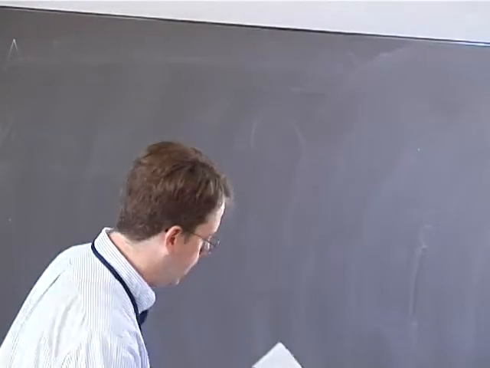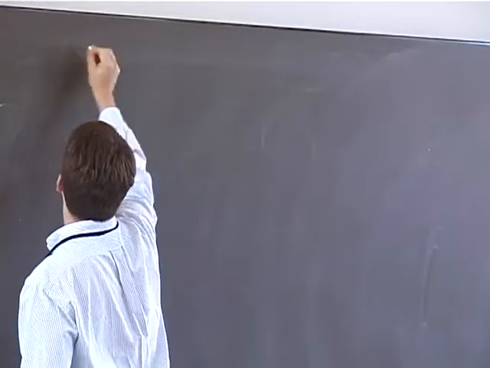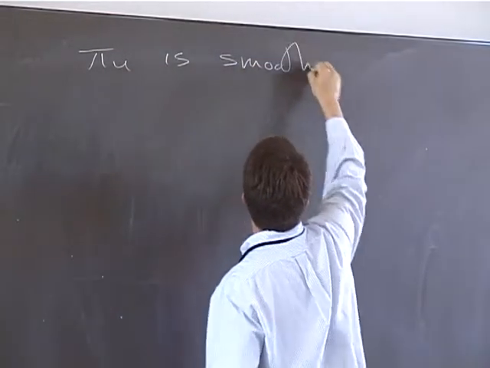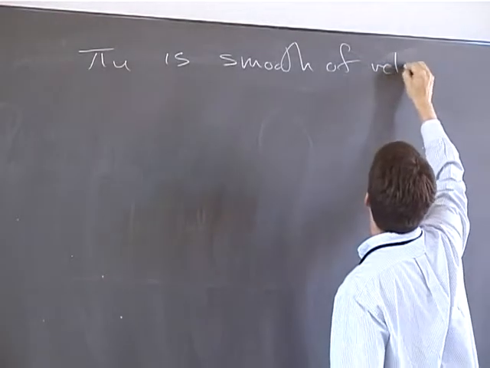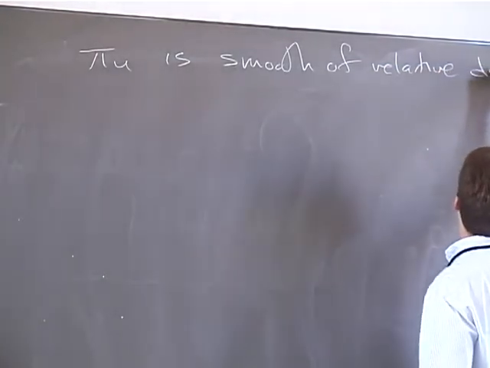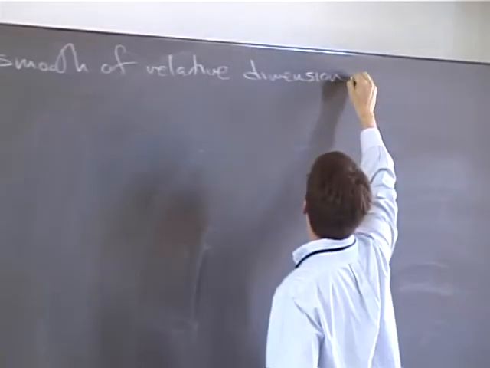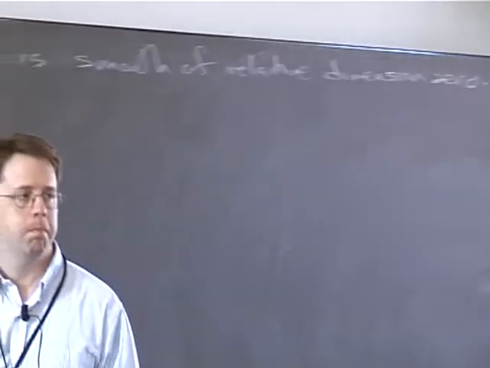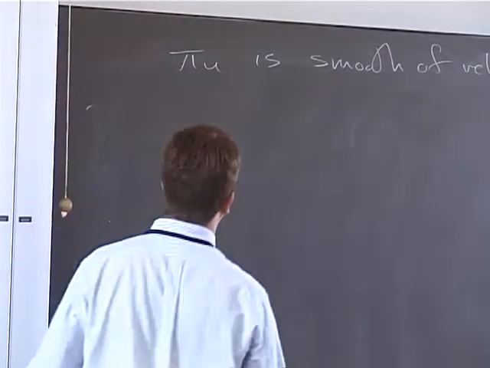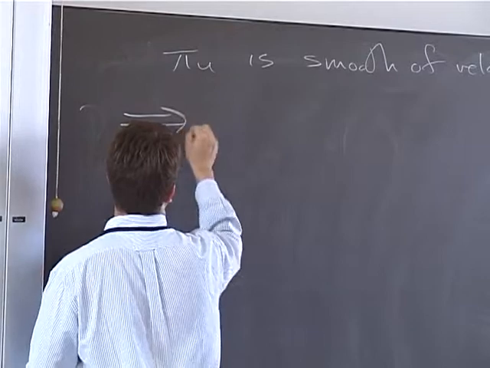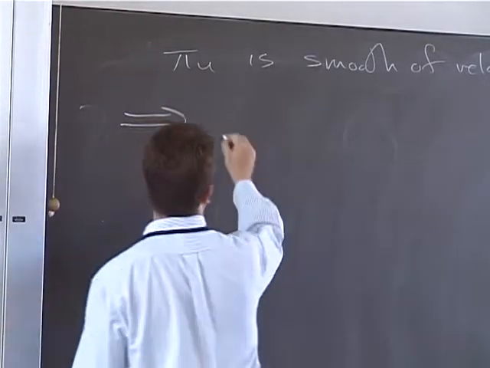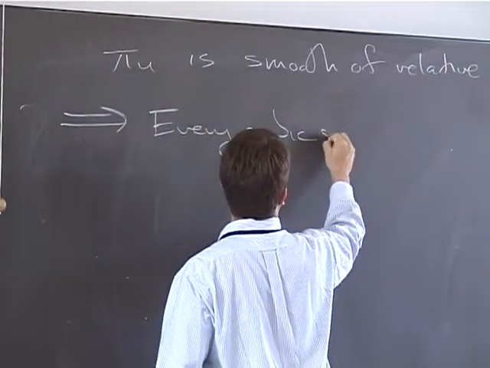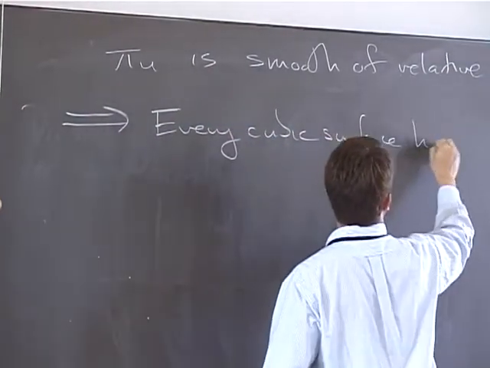So the punchline is that pi_U is smooth of relative dimension 0. Now, what this implies as a corollary is that every cubic surface has 27 lines.